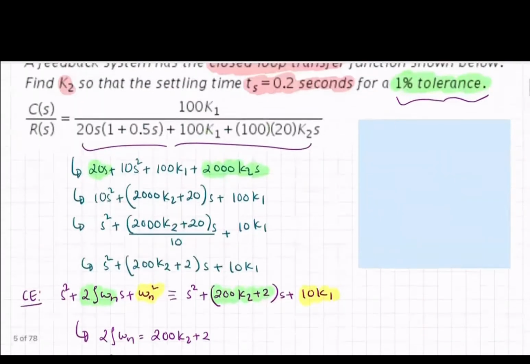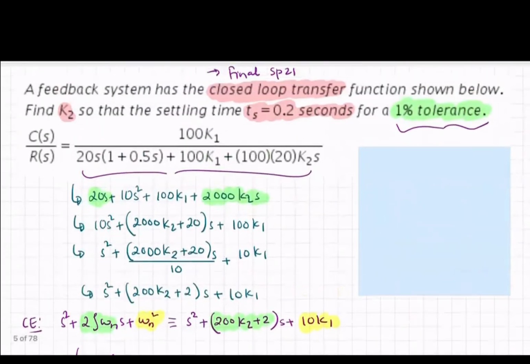But here, remember there is a tolerance of 1%. So recall, for 1% tolerance, what is my settling time? There's a formula for that. For 1% tolerance, we just need to memorize this, t_s equals 5 over zeta omega n.